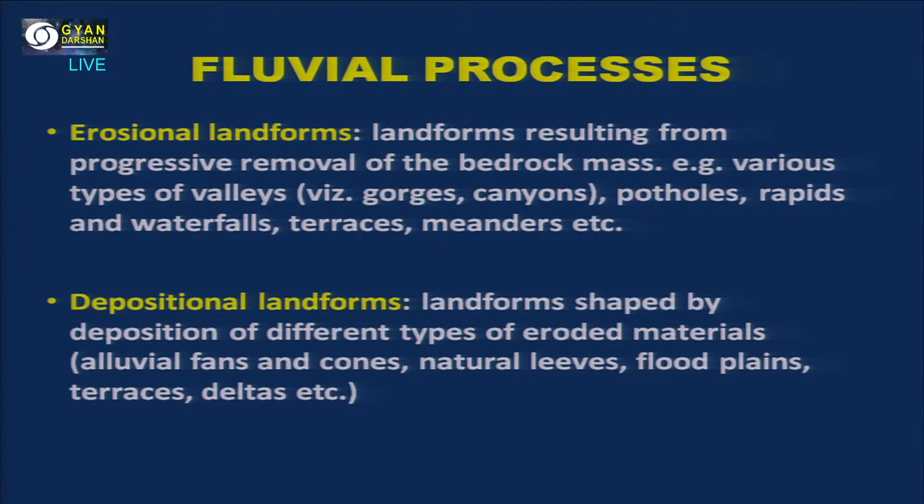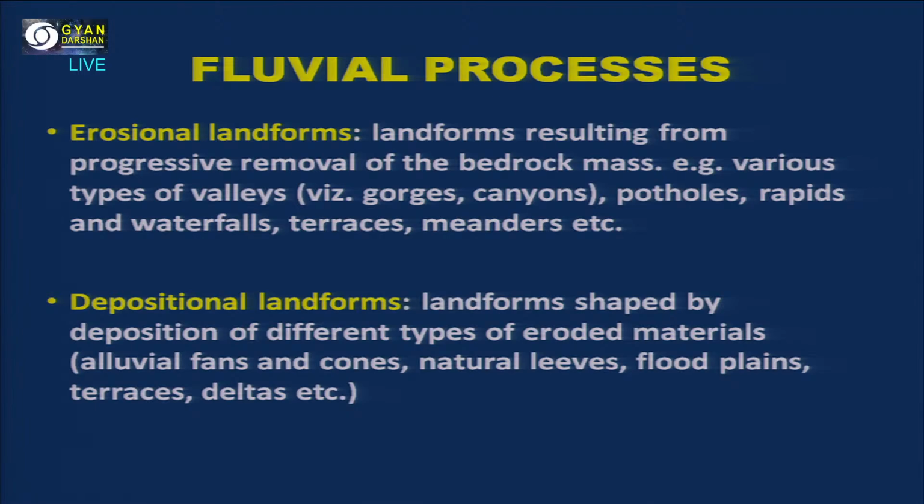Then depositional landforms are the landforms that are shaped by deposition of different types of eroded materials, for example alluvial fans, cones, natural levees, flood plains, alluvial plains, terraces, deltas. These are the depositional landforms.